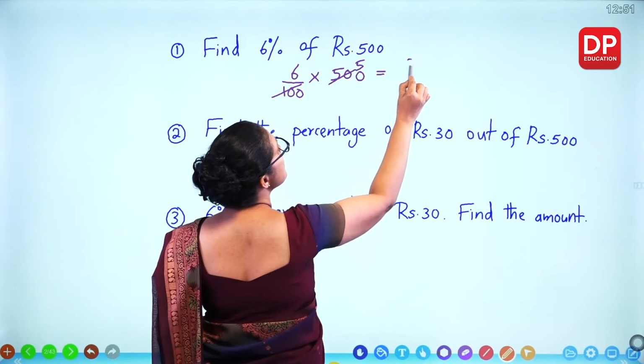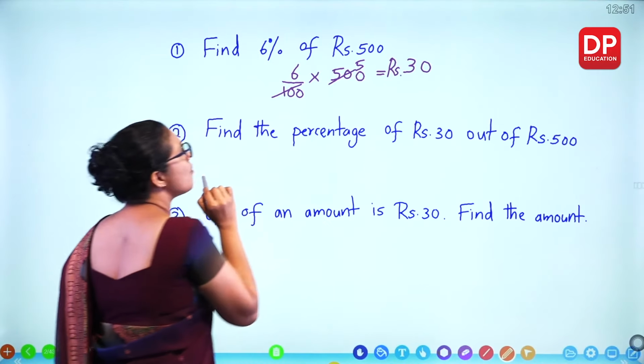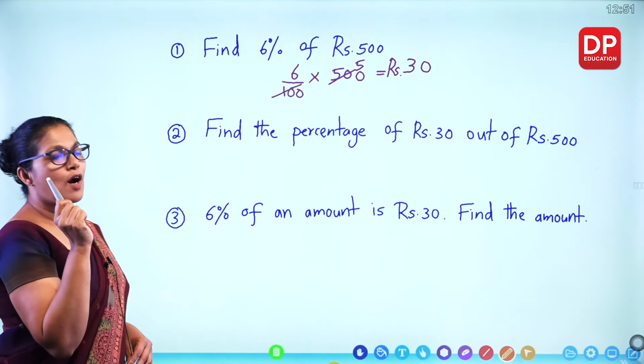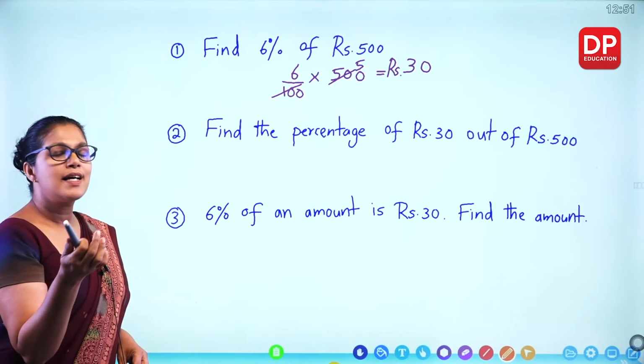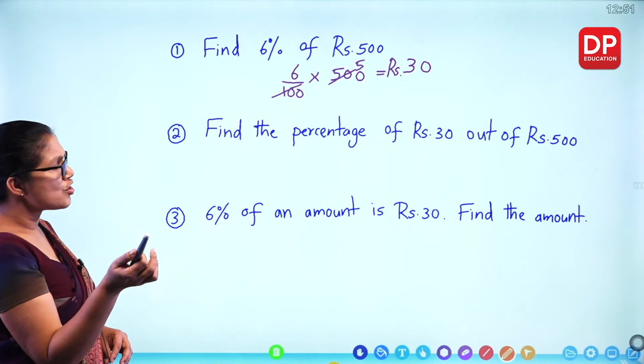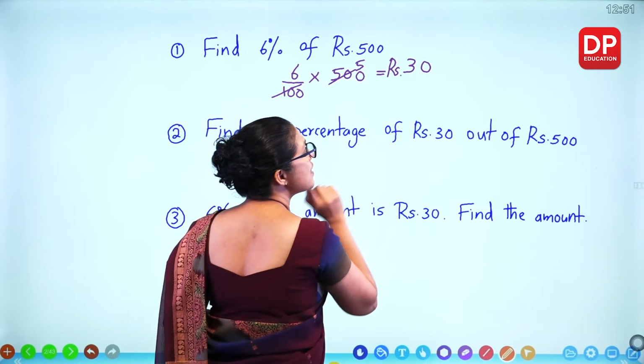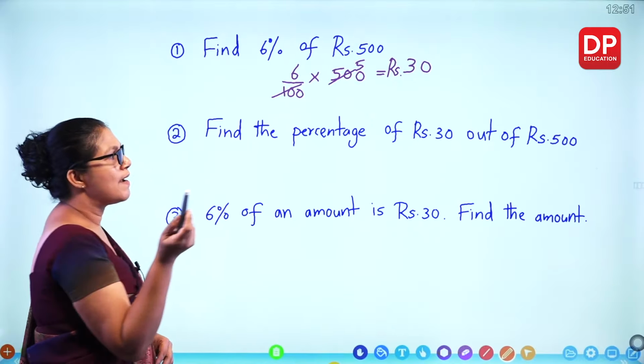5 times 6, 30. So what's the part of 6% out of 500? That's 30 rupees. Then you can get the same question in a different way. Find the percentage of 30 rupees out of 500.